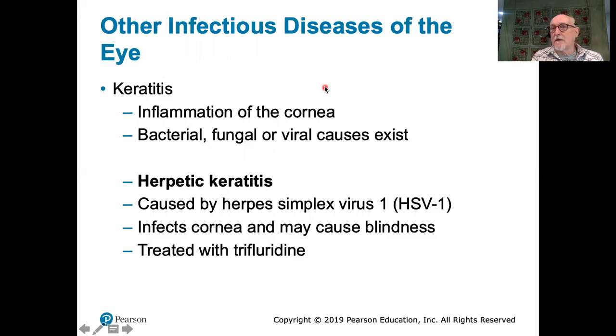And this can be extremely dangerous and runs the risk of damaging the cornea permanently. I'm not going to talk about them in detail, but there are various viral causes of keratitis, especially members of that group of viruses called the herpes viruses. In fact, herpes simplex 1, which causes cold sores, can also cause this.